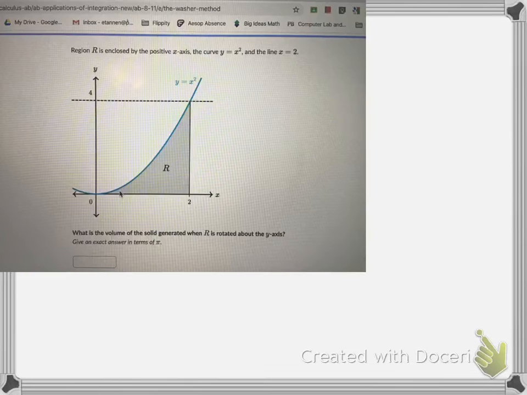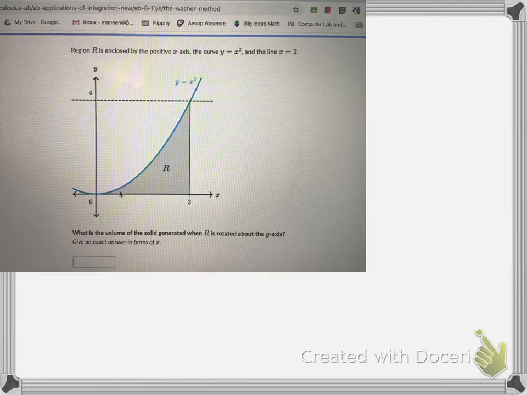So the next question that we're given is the region R. It's enclosed by the positive side of the x-axis, the curve y equals x squared, and the line x equals 2. So we're trying to find the volume of the solid when it's rotated about the y-axis.